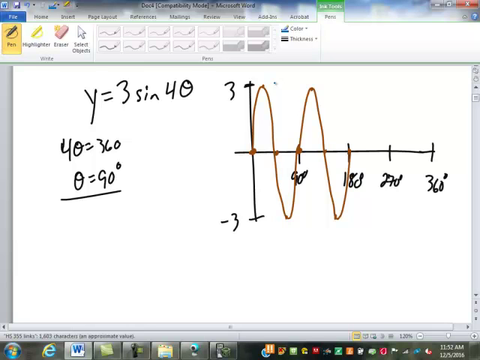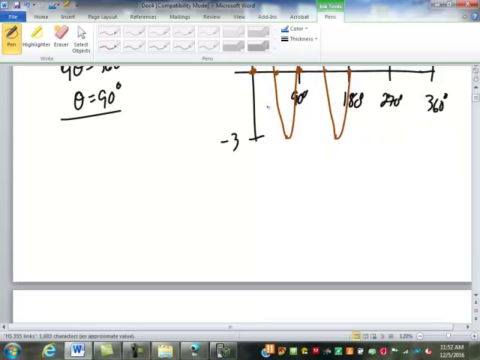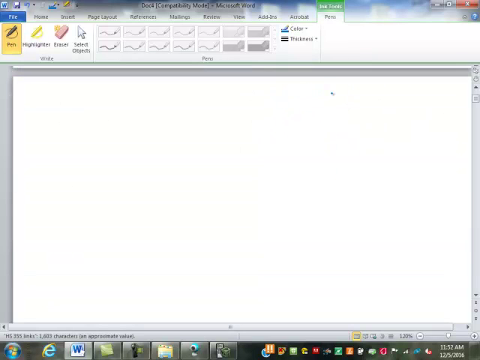We can do the vertical and horizontal dilations of that graph. The next thing we have to worry about is shifts. The simplest shift would be like this. I'll put in the parentheses just to emphasize that +2 is outside of the trig function.